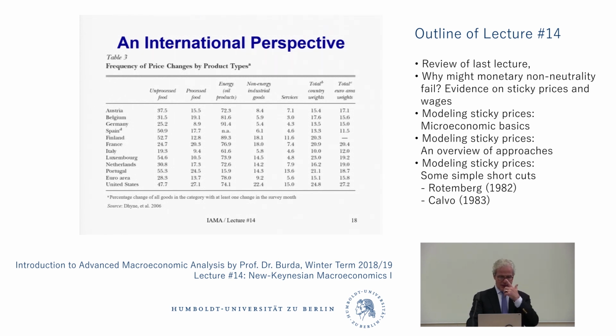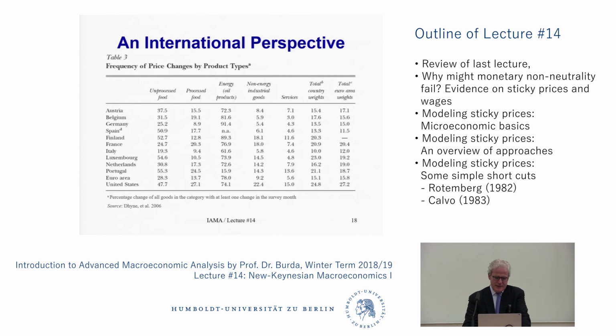Okay, so there's a bit of a truncation bias as well, but you can see that the middle category, energy, oil products, and the like, are very likely to have changed their prices within a month, whereas unprocessed foods, these crackers, for example, or sorry, that's a processed food. Unprocessed food would be like apples or tomatoes.